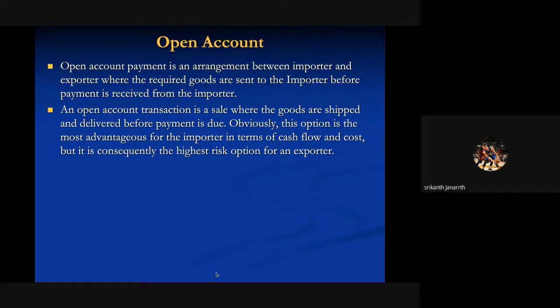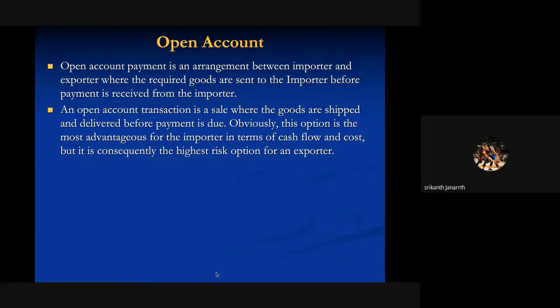He will collect the goods, go and clear them, sell them, collect the proceeds, and then make the payment. So you can see why the exporter is taking such a huge risk in open account. You should understand there are certain commodities for which there is no immediate saleable market, no great demand. So there are slow moving goods.